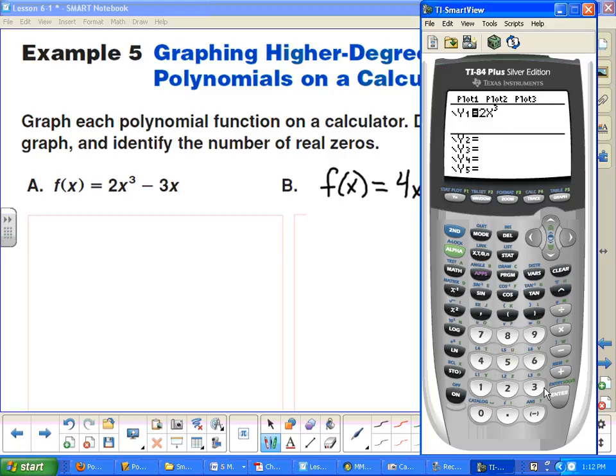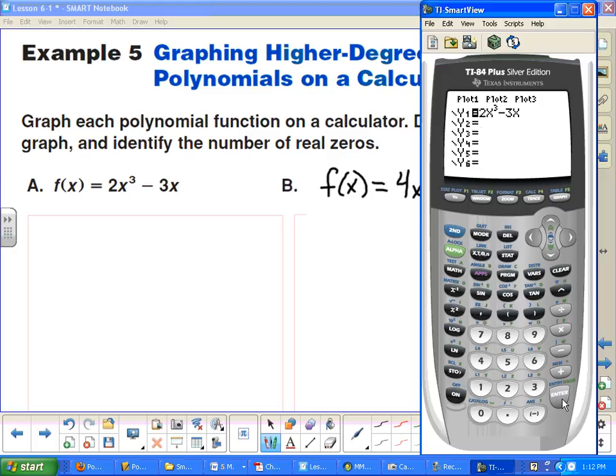The first one, we're doing this letter A over here. So to do 2x cubed, I'm going to go 2x, and then I'm going to go math and number 3 to get my cubed. All right? You can use the caret here. The problem is if you use the caret, it stays up there, and then you have to scroll over for it to come back down. So minus 3x.